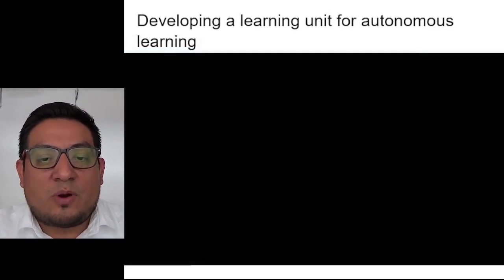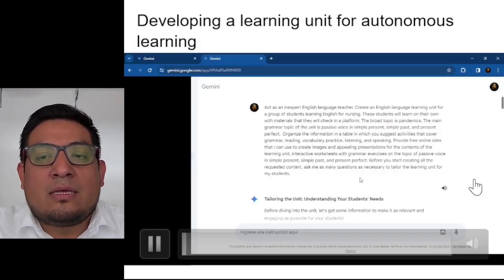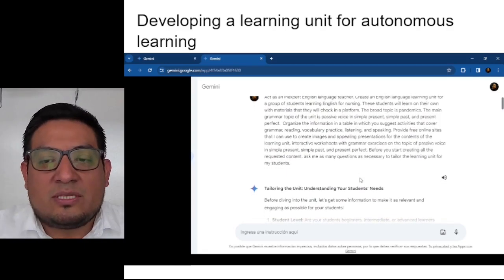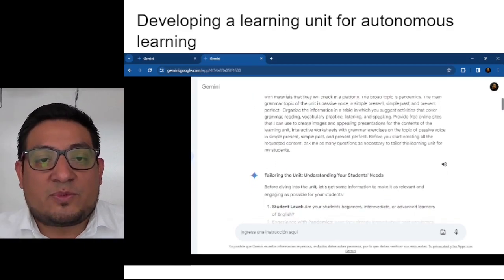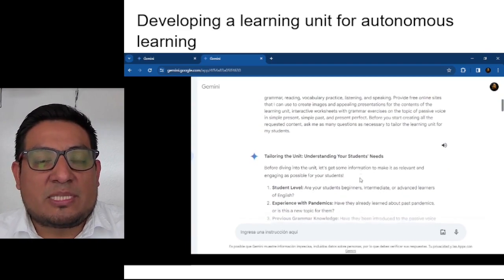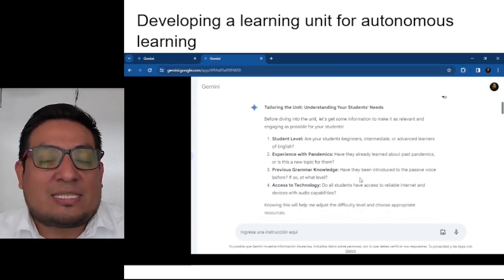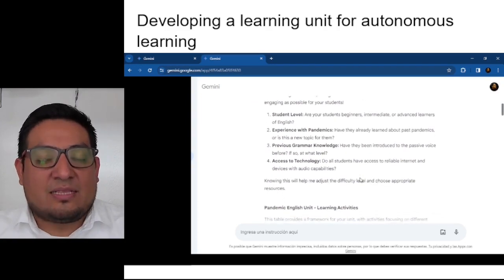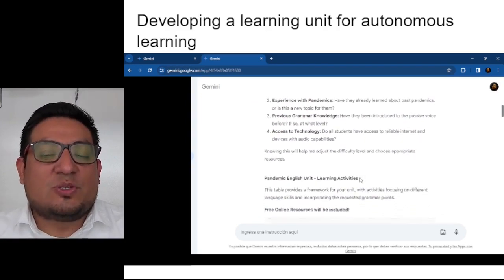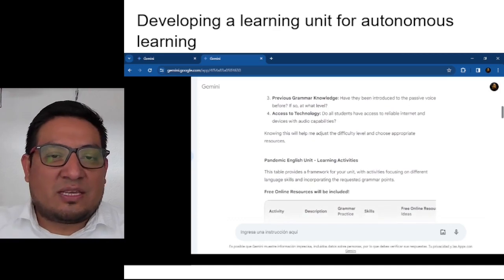To start working with Gemini, what I did was to work on a prompt, and in this prompt, I told the chatbot to create and develop some learning unit materials. I asked it to ask me questions before creating these materials, because I wanted it to know that I had specific needs.